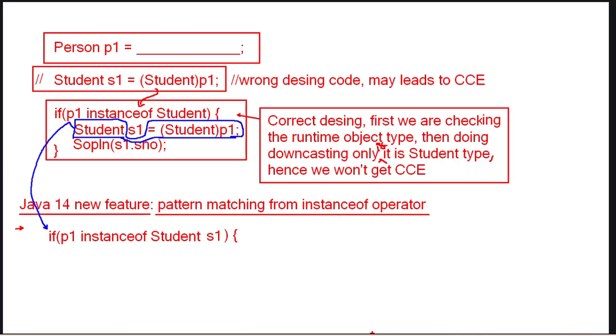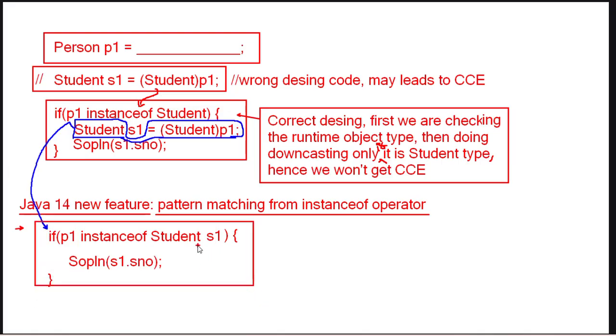Then below, write your business logic as it is. System.out.println S1.SN. That's all. You need not do casting, the compiler will do the casting. So just writing this S1 variable is called pattern matching for instanceof operator. Write this down: Java 14 style of downcasting.